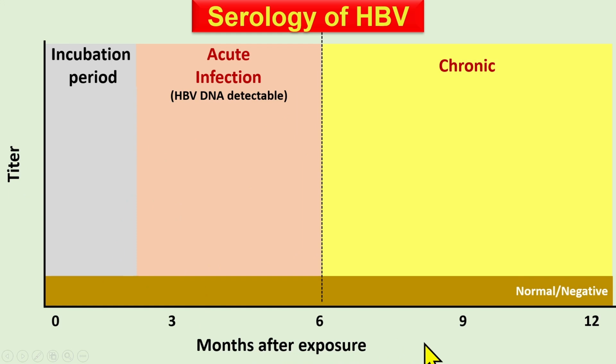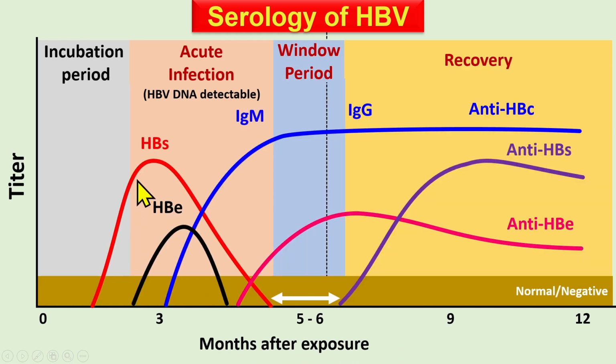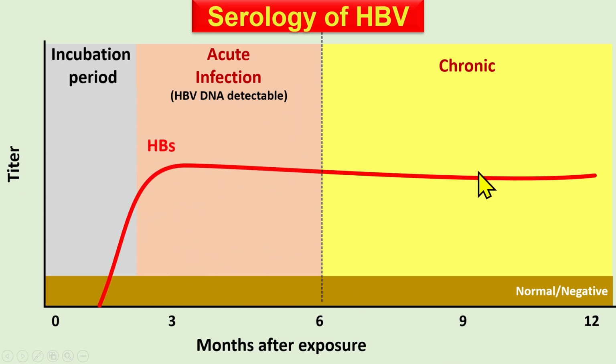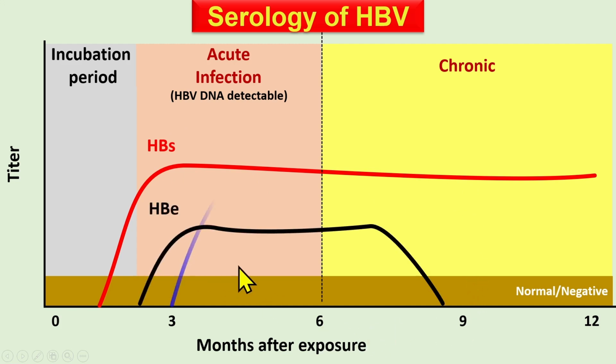So if you look at the chronic infection, what will happen in the chronic infection? This HBsAg does not come down; it continues. Its level is high, so it's positive in the chronic phase, meaning the patient is not recovering. And this is HBeAg.